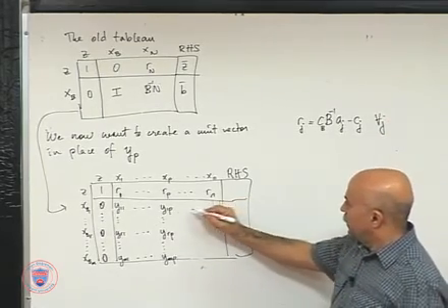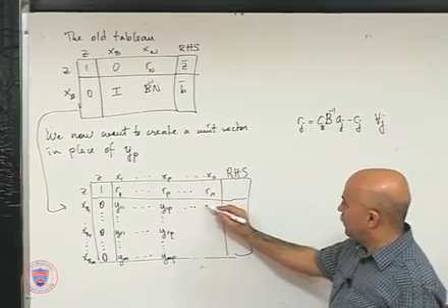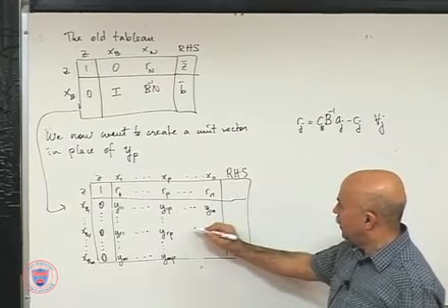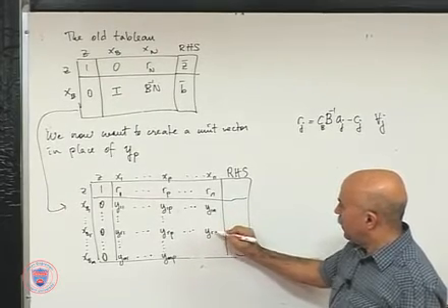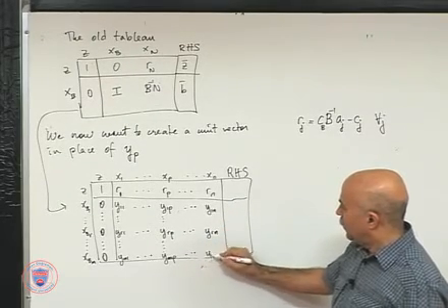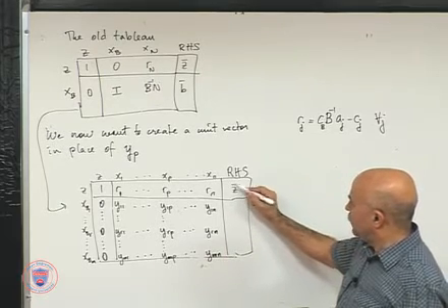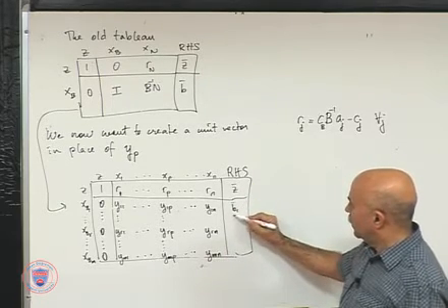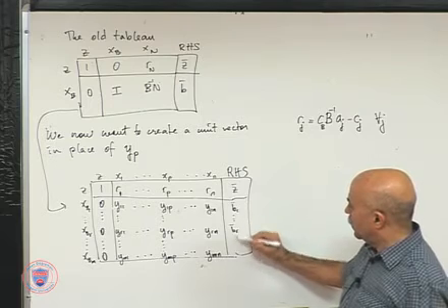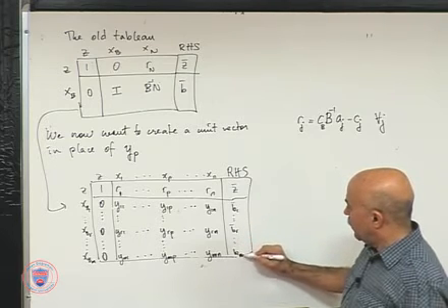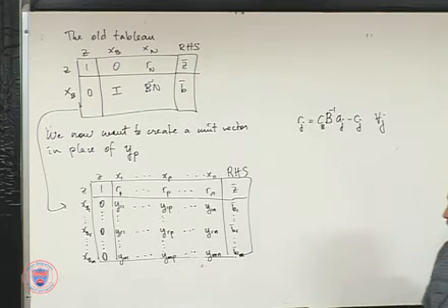Okay. And what do we have here? Y1n, YRn, YMn. And then on the right side, we have Z bar, B1 bar, BR bar, BM bar. Okay, that's what we have.